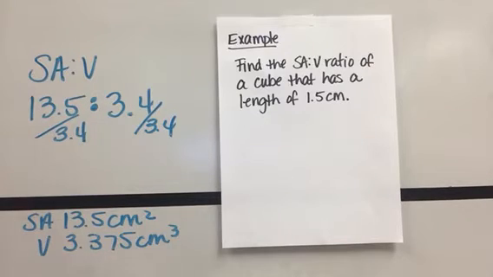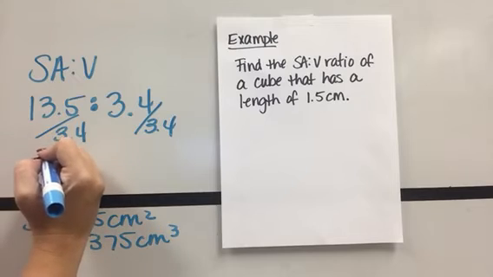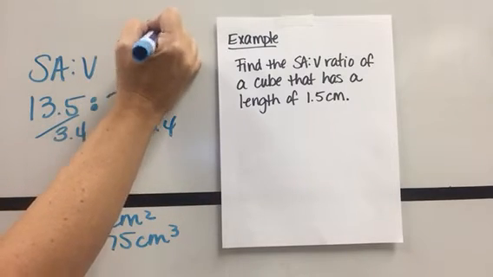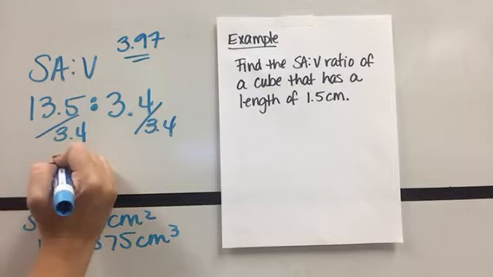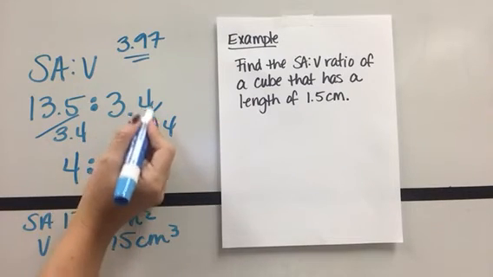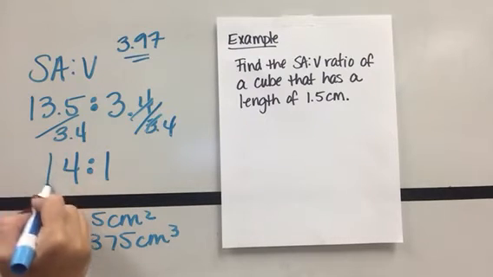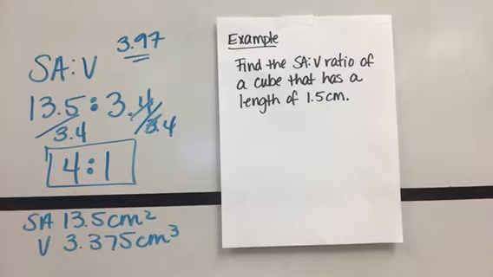I get 3.97, so I'm going to write that over. I got 3.97. I'm going to go ahead and round that to 4. So I'm going to say this is a 4 to 1 because that's going to cancel out to 1. So this is a 4 to 1 ratio. So that's going to be my answer.